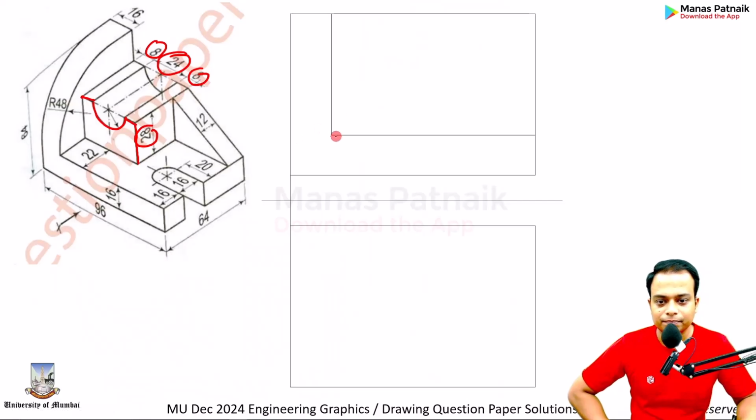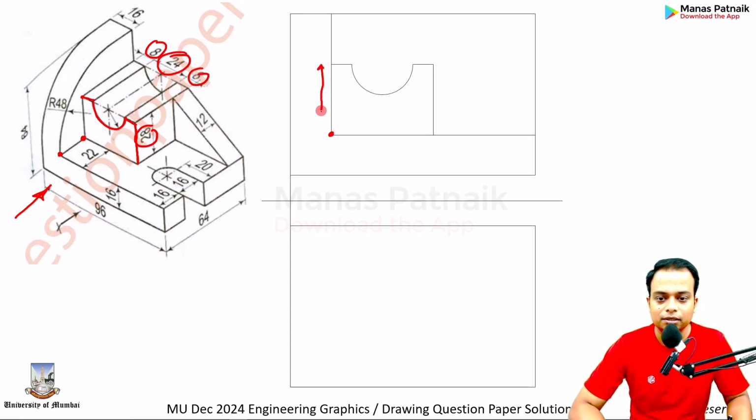Somewhere here. Okay, if you watch it from over here, you are watching it from the front. This point will have a projection over here. Yeah, basically. So at a height of 28, let me do this. Yes, sir, this is 28. Done. This is 8, and then this is 24, and then this is 8 again.